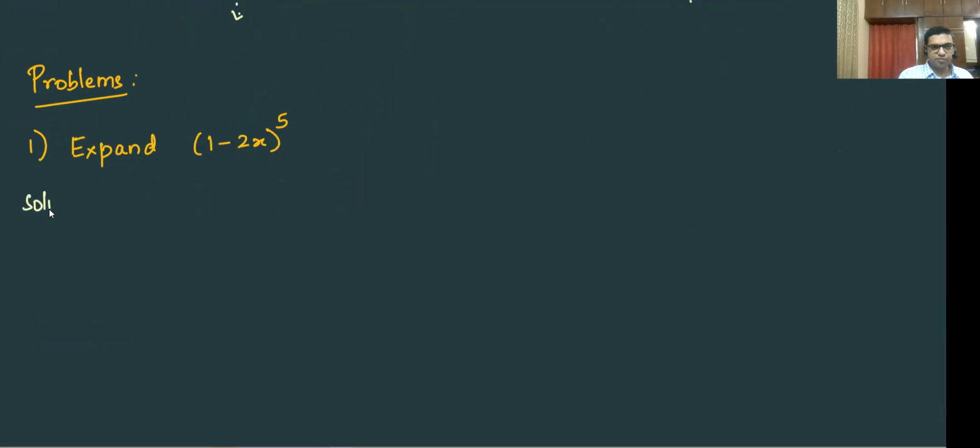Write the binomial expansion of (1 minus 2x) to the power 5. So what will this be?